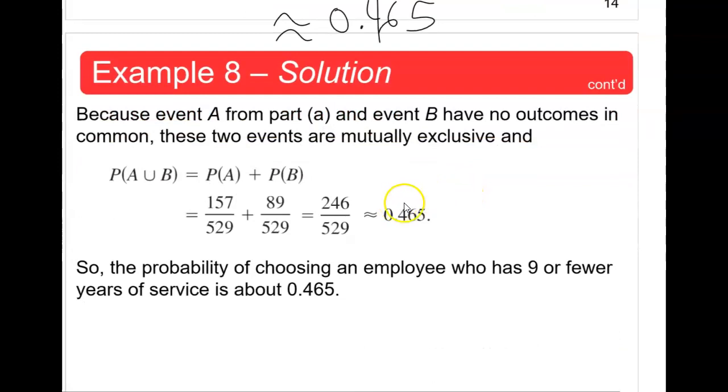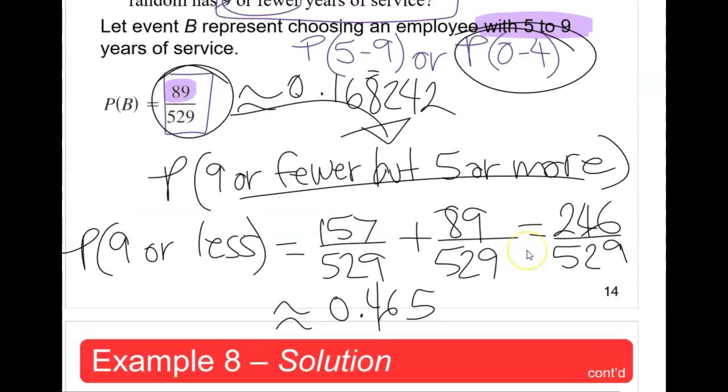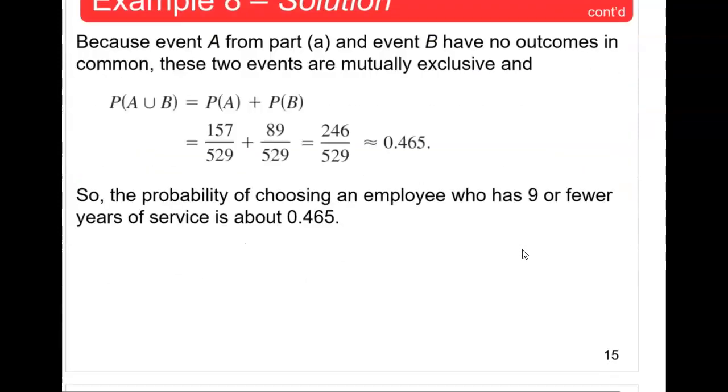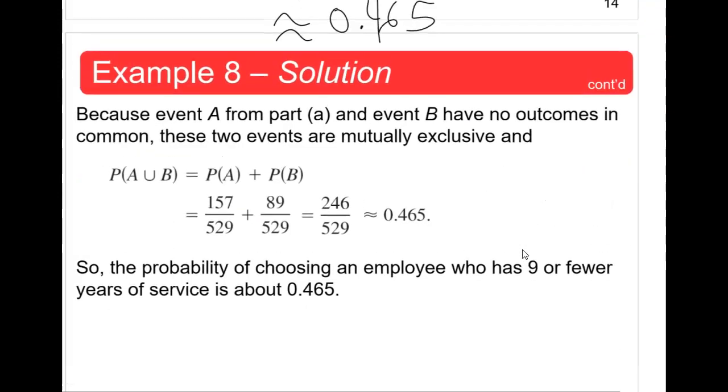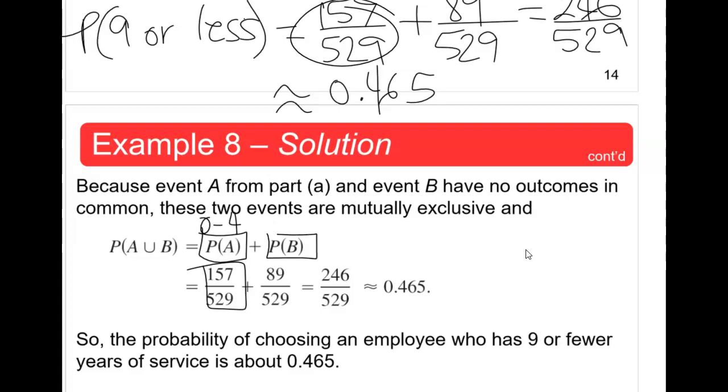Okay, so oh, okay. So all we had to do was look at the next slide. So yes, I was right about the question, but I did not know how they were going to work it out. But the exact same thing that we did on the slide is here. So here is the probability of the category 0 to 4, which we already have. 157 is what we have here. And then the event B was the probability from 5 to 9.